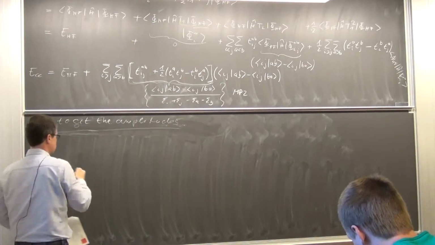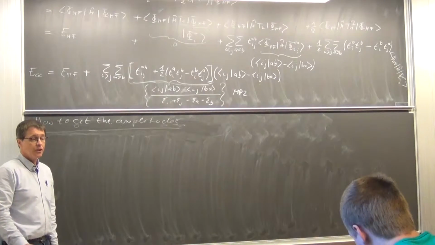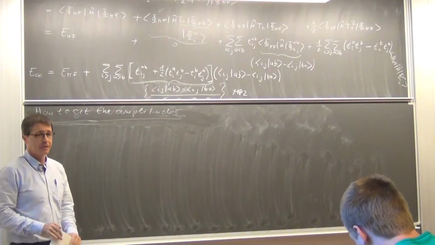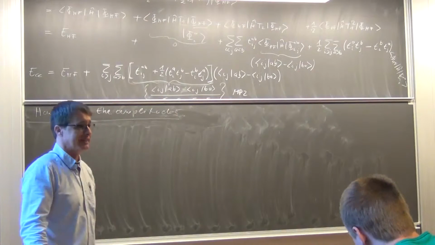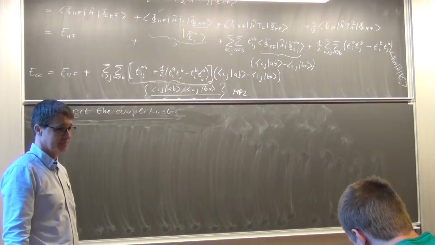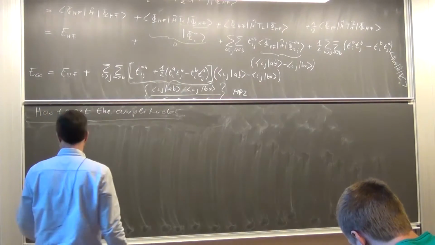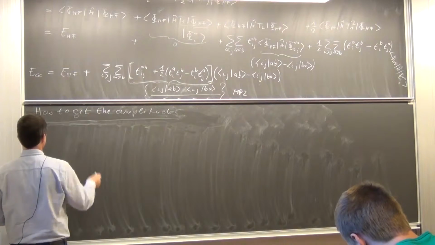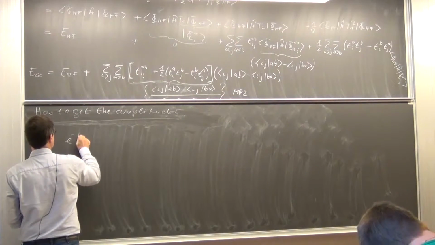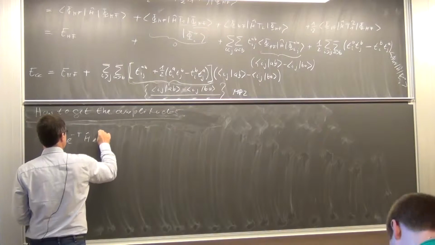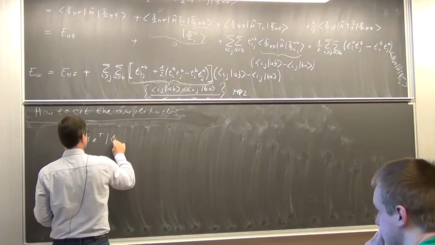How to get the amplitudes? We're going to do the same as on Tuesday. We're going to do this precisely the same as in Møller-Plesset perturbation theory. We have our equation, and we like it best in this form.